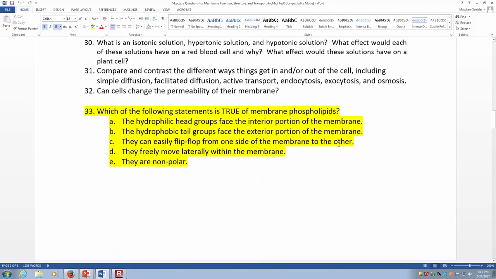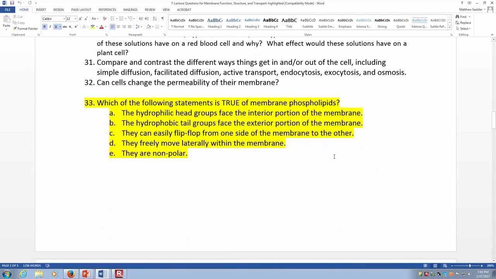Okay, number 33, which of the following statements is true of membrane phospholipids? Right, they freely move laterally within the membrane. So the hydrophilic head groups, remember, face the exterior portion. The hydrophobic tails are pointed towards each other in the interior.